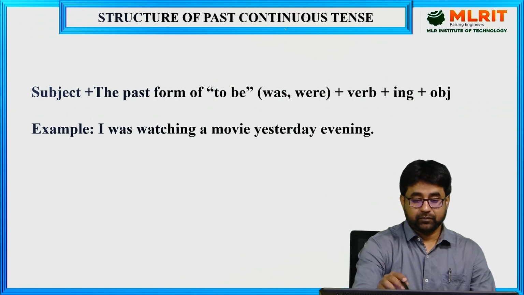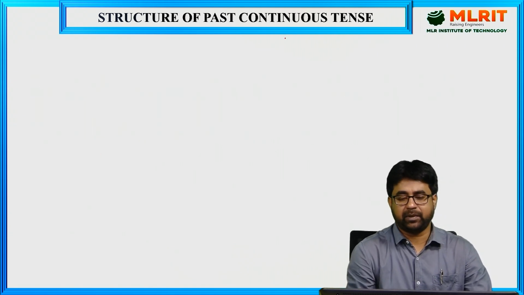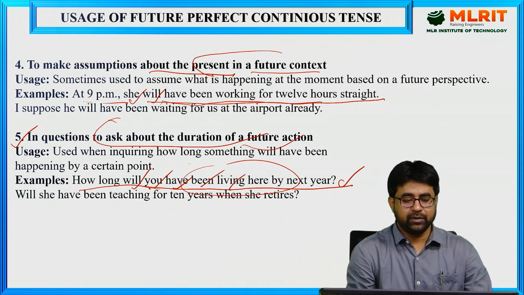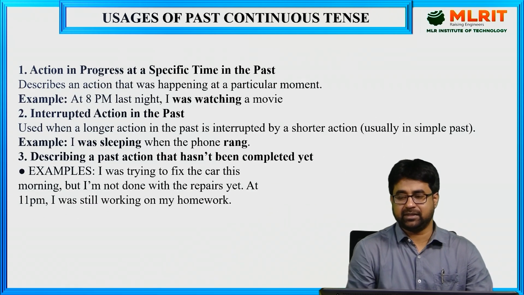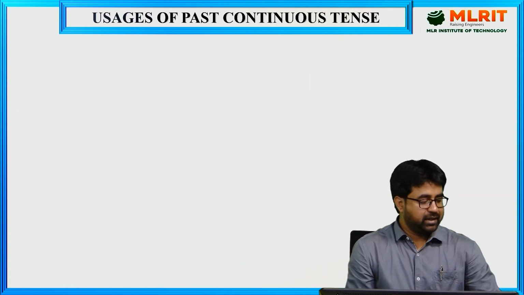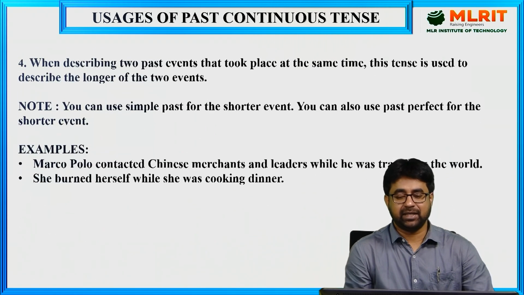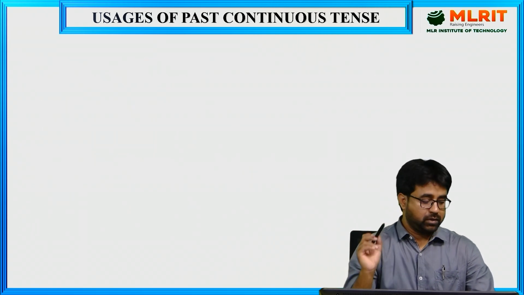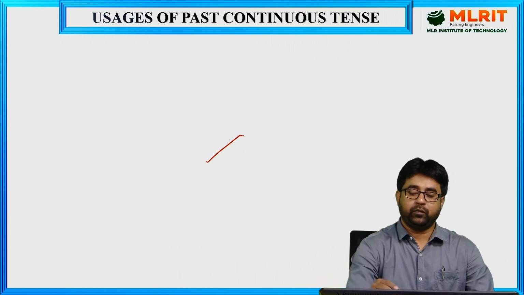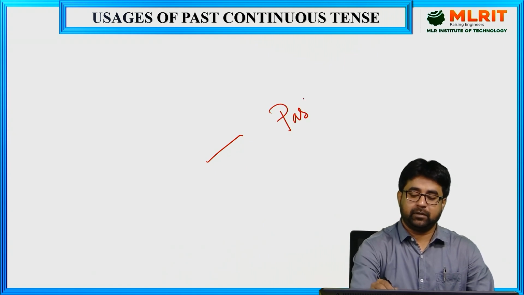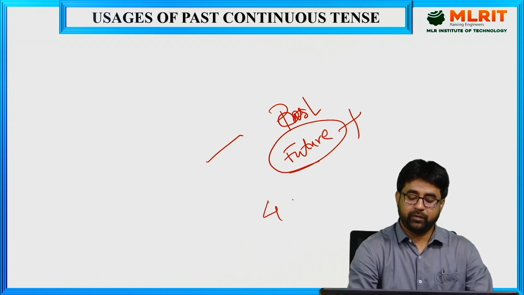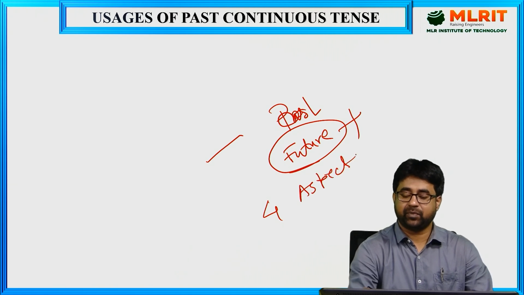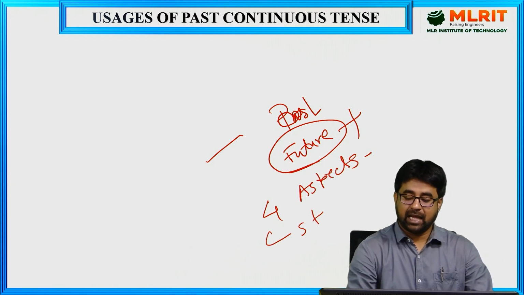Now, this is over. Past perfect continuous tense also we have seen the usages. Past continuous we already discussed. Fine. So what are the things that we got to know for today's lecture? In this lecture, we got to know about future tense, and 4 different aspects of future tense as well as their structure and usage, right?